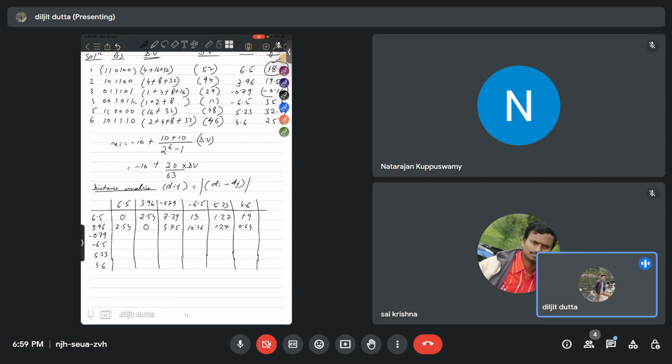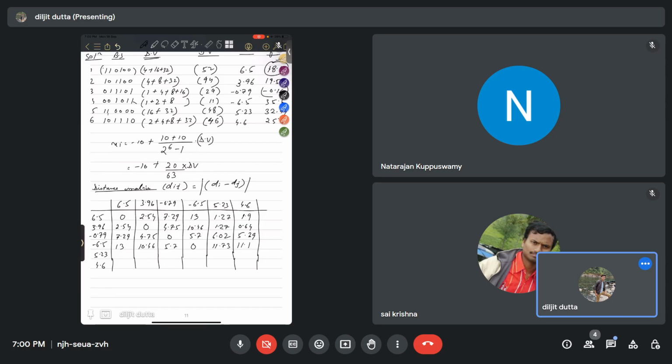Now next, these two values will be the same. That is 0.79 and 6.5, this is the same 7.29. This is 4.75. This is 0. Then next is 5.7, 6.02, and lastly 5.39. For this, these three will be coming here: 13, 10.46, 0, 7.3, and 11.1.